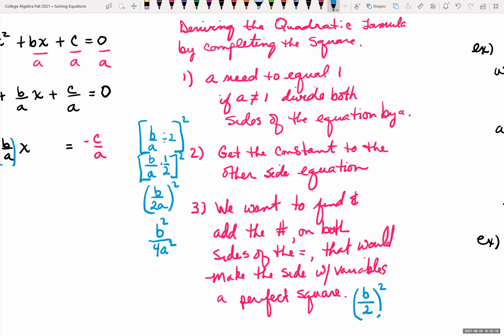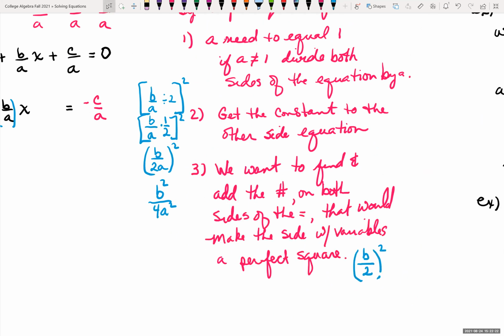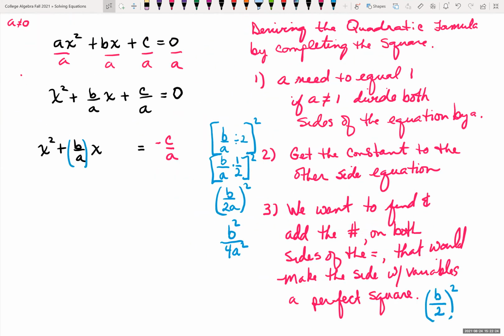So this is the number that's going to make the one side a perfect square. And so I want to add this to both sides of my equal sign. So I'm going to add b squared over 4a squared on both sides.